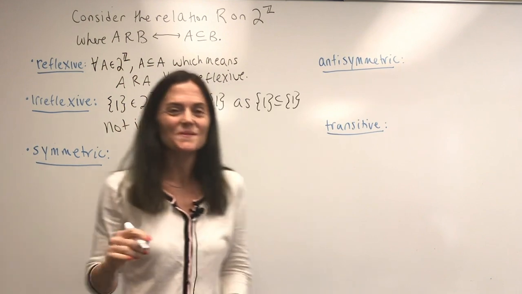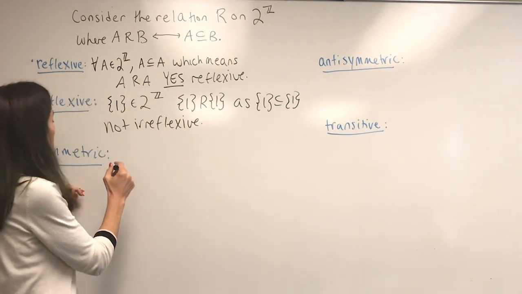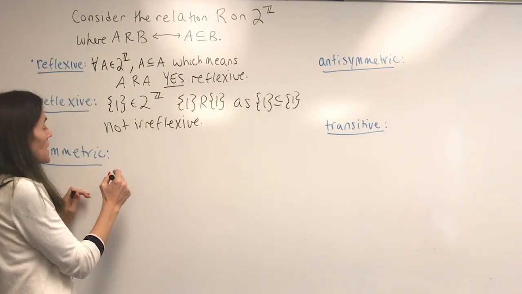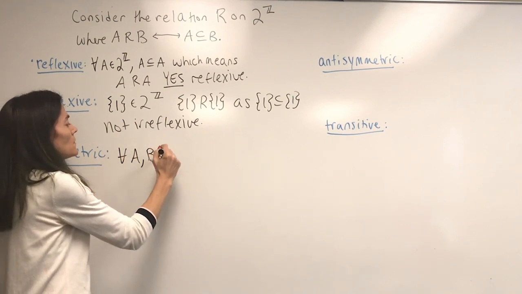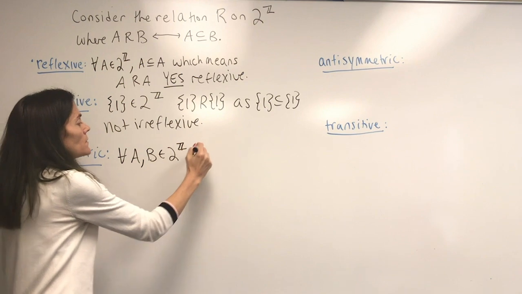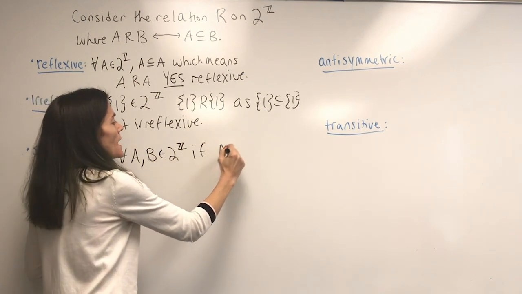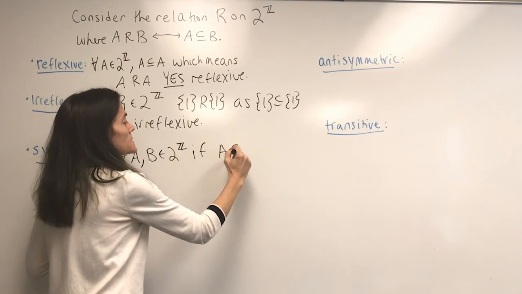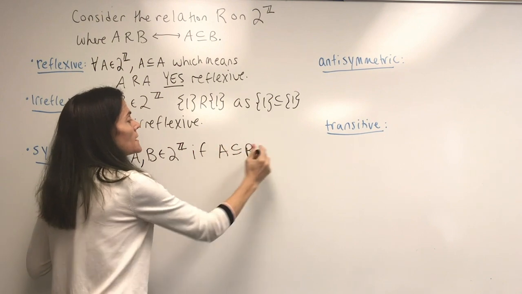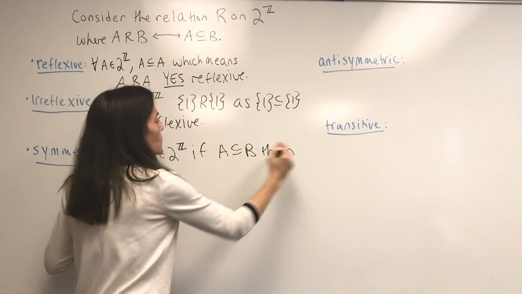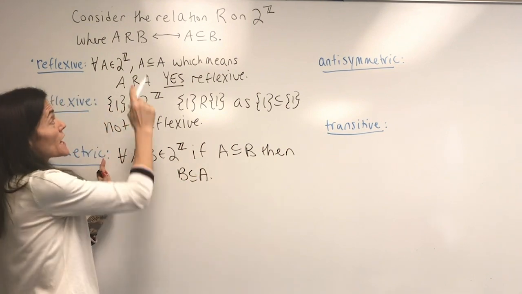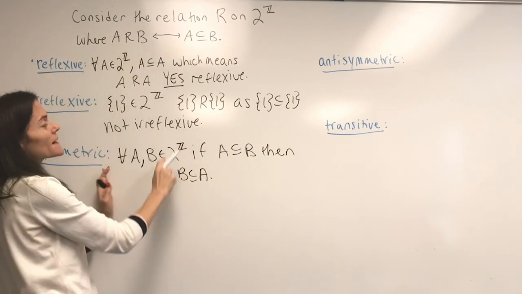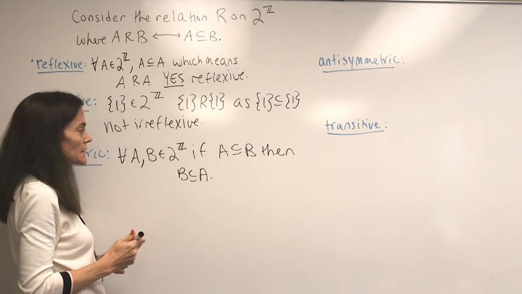Okay, symmetric. This one's a little bit more interesting. So we need to start with, this says for all A and B in 2 to the Z, if A is a subset of B, I'll phrase it this way, then we would need B to be a subset of A. I've changed the related part into what it means for our particular relation.